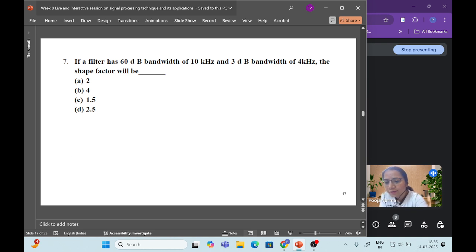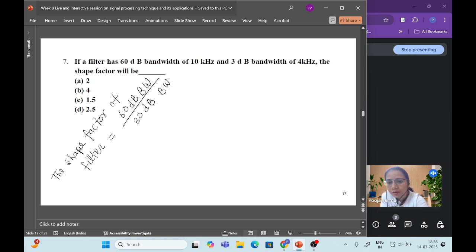Okay, so the shape factor of a filter is equal to, if two bandwidths are given, the 60 dB bandwidth divided by the 3 dB bandwidth.